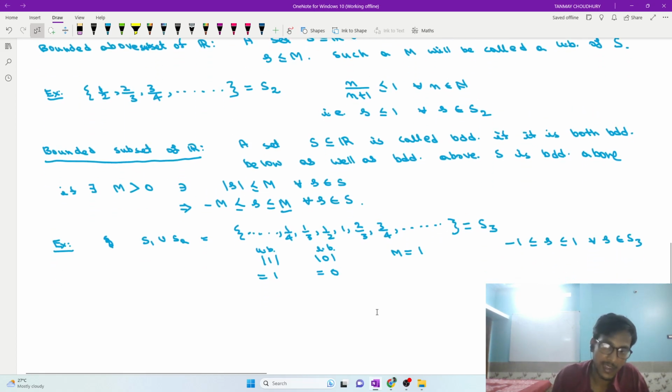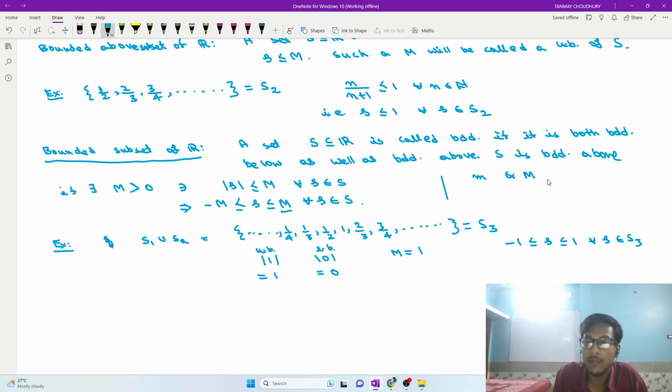In fact, a set will be bounded if you can find two real numbers, small m and capital M, both belonging to R, such that m is less than or equal to s is less than or equal to M. Here m will be a lower bound and capital M will be an upper bound, but from this definition we can conclude the earlier definition by taking absolute values, calling them m dash and M dash, and taking M to be the max of m dash and M dash.